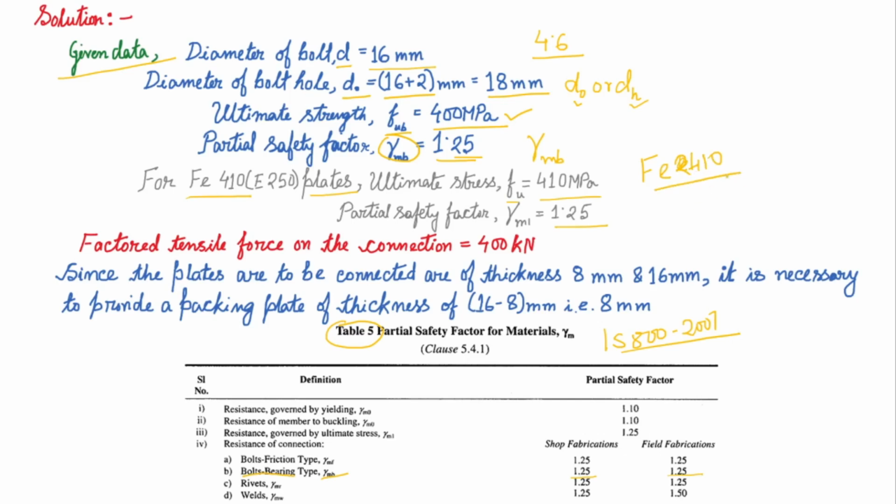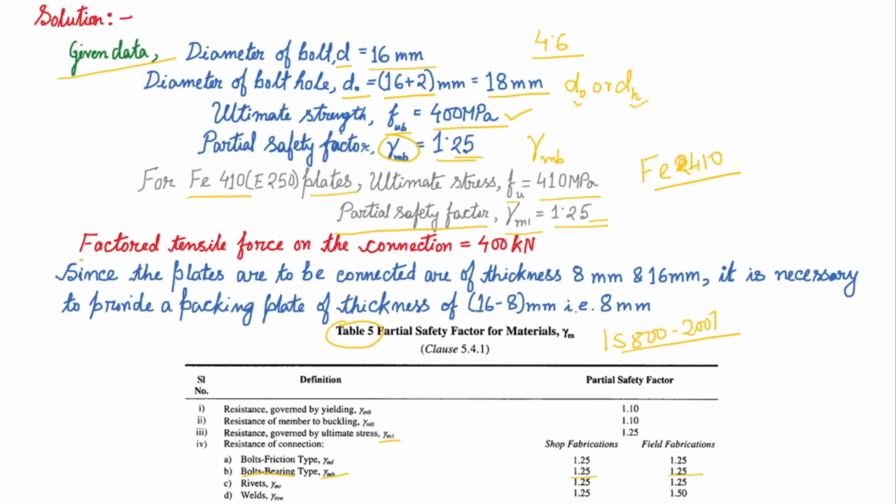That means its ultimate strength is 410 MPa. Next, partial safety factor for the plates, gamma M1. So gamma M1 value is also taken from table number 5, it is 1.25.